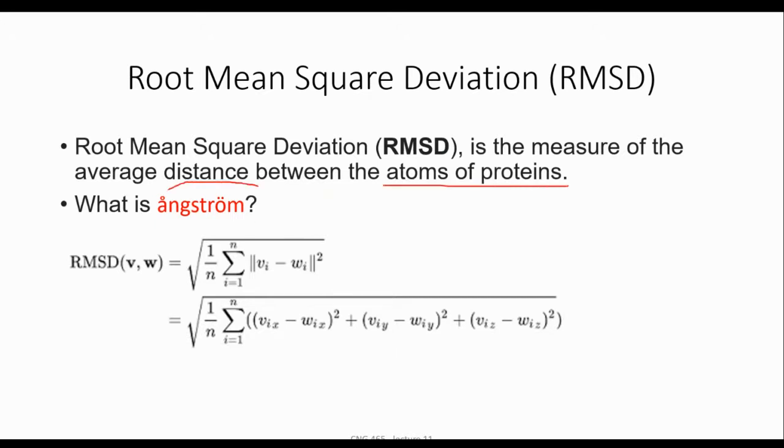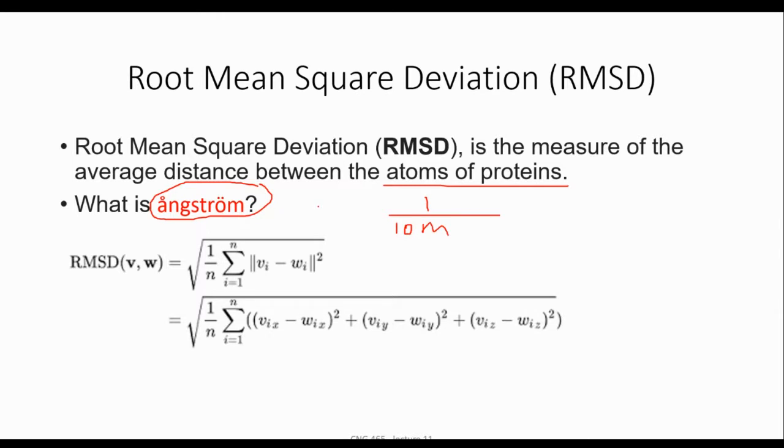And here we have this term, angstrom, or in German, they call it ångström. So what does it mean? It means 1 over 10 million meter. It's a very small unit for length.